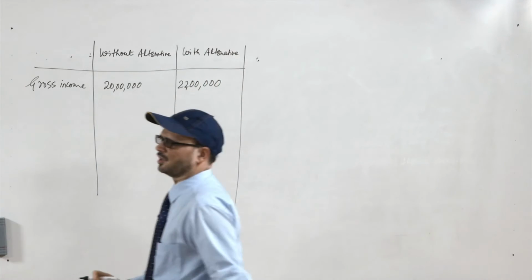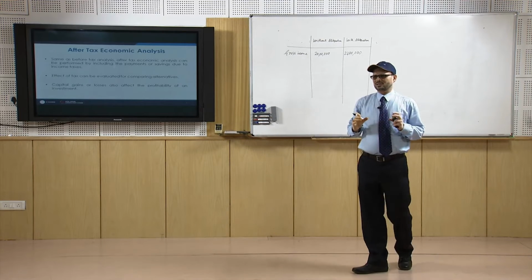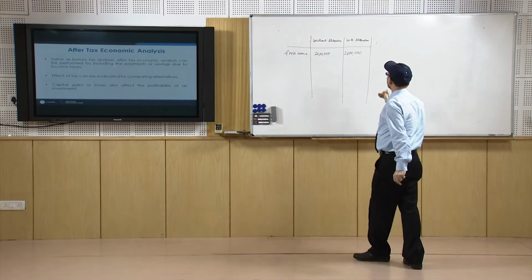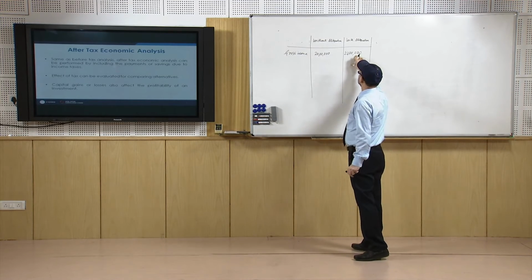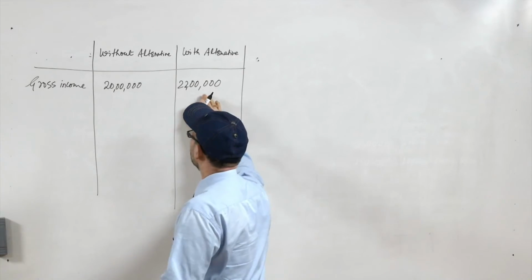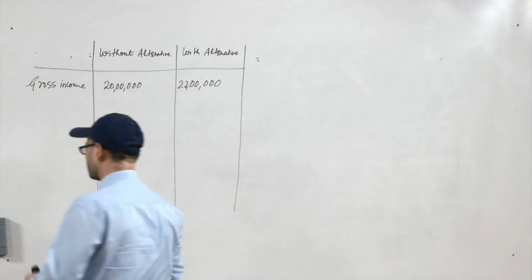So, if we do some changes in the existing equipment, we are going to get the enhanced gross income, an increase of 2 lakhs.